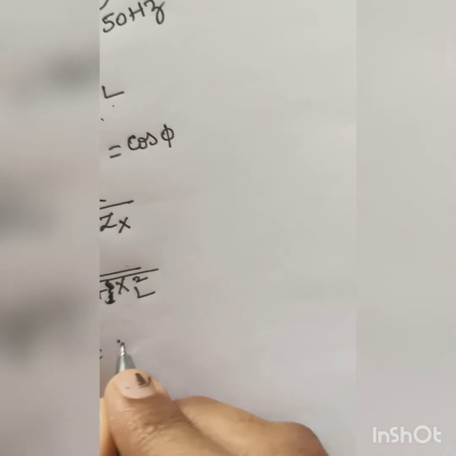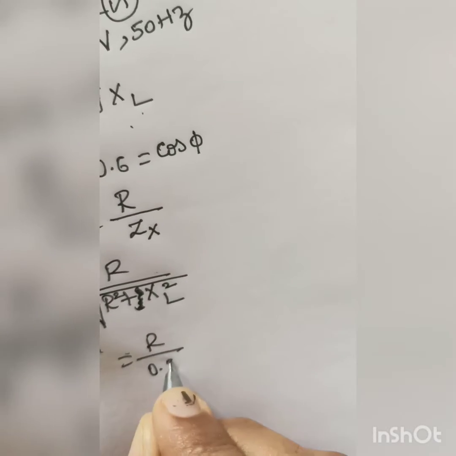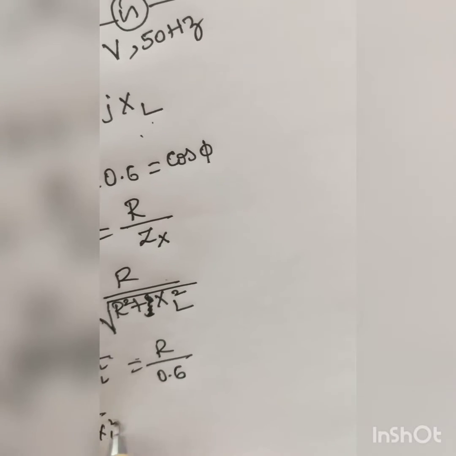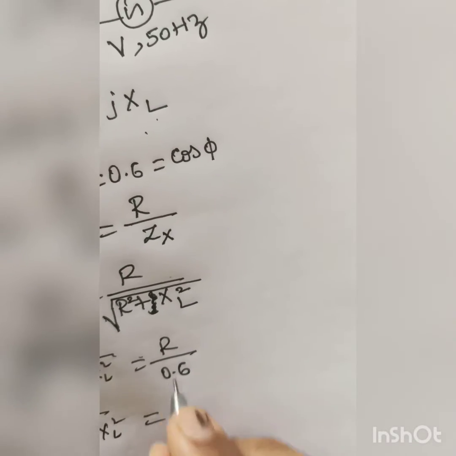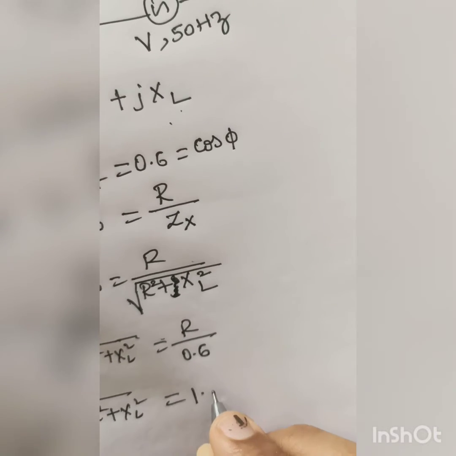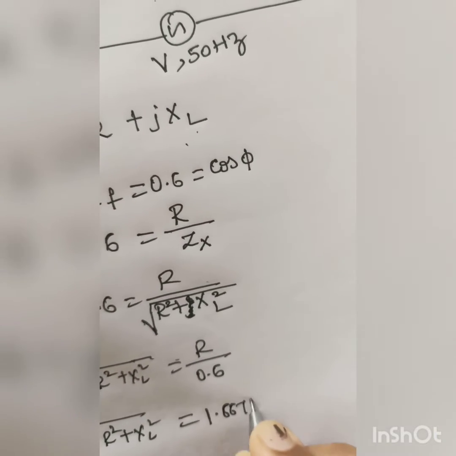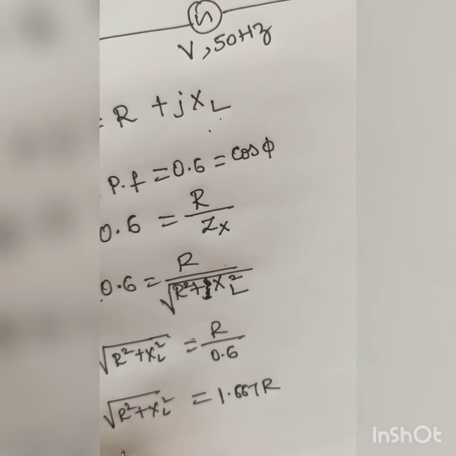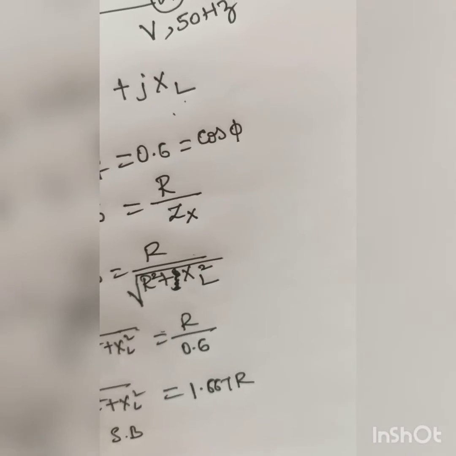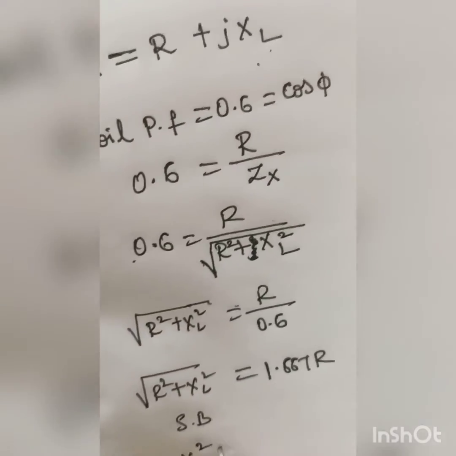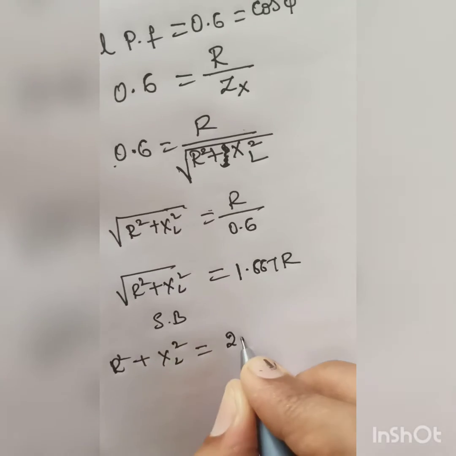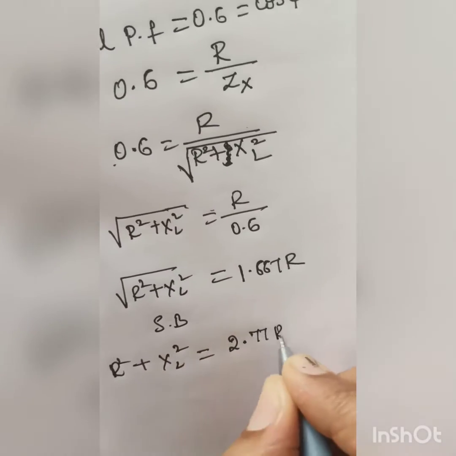So here, if I take 0.6, then the square root of R square plus XL square equals R times 1 by 0.6, which is 1.667 R. If you apply squaring on both sides, R square plus XL square is equal to 2.77 R square.